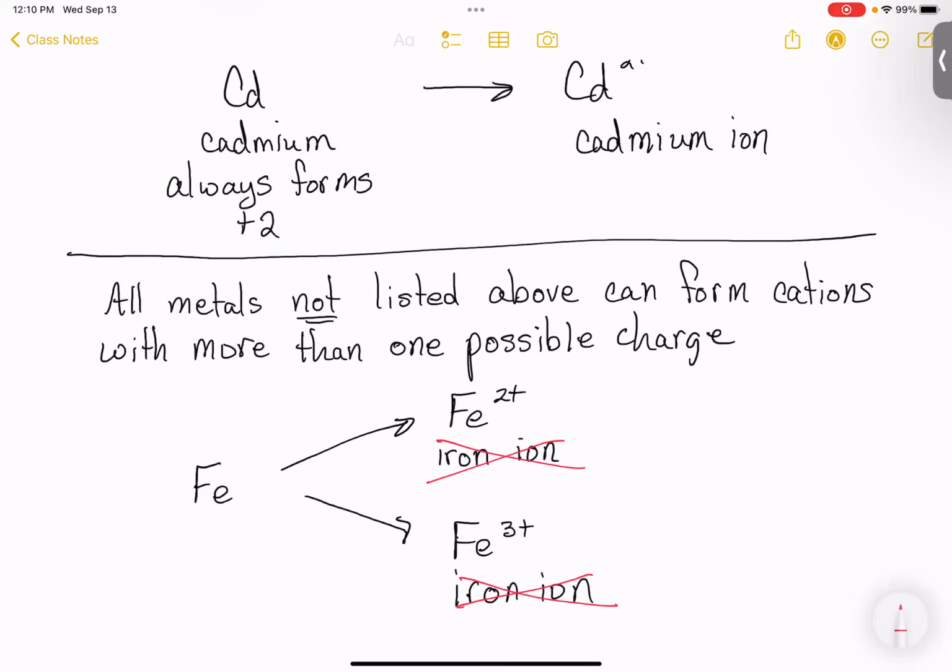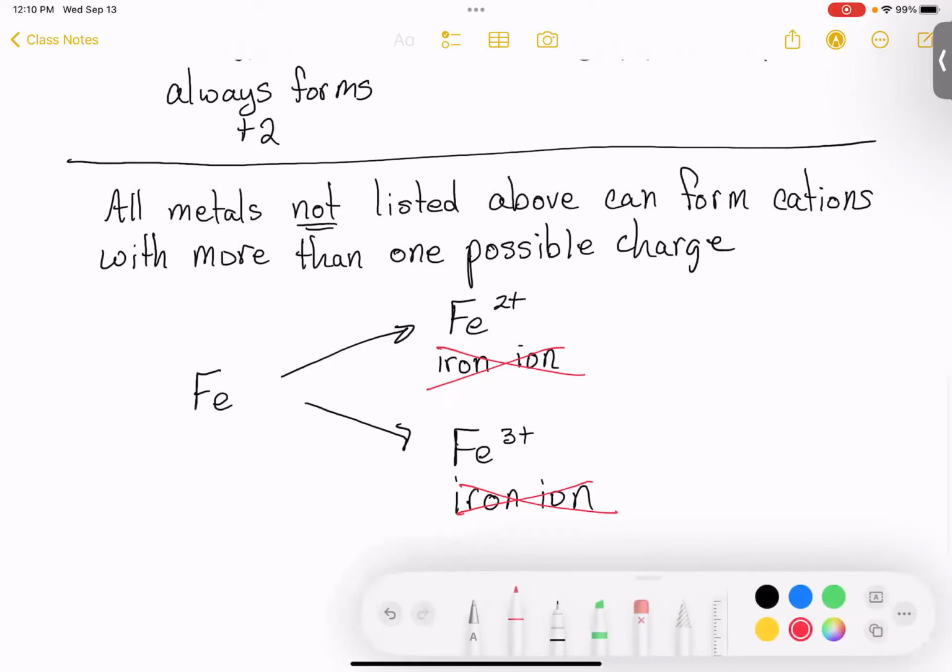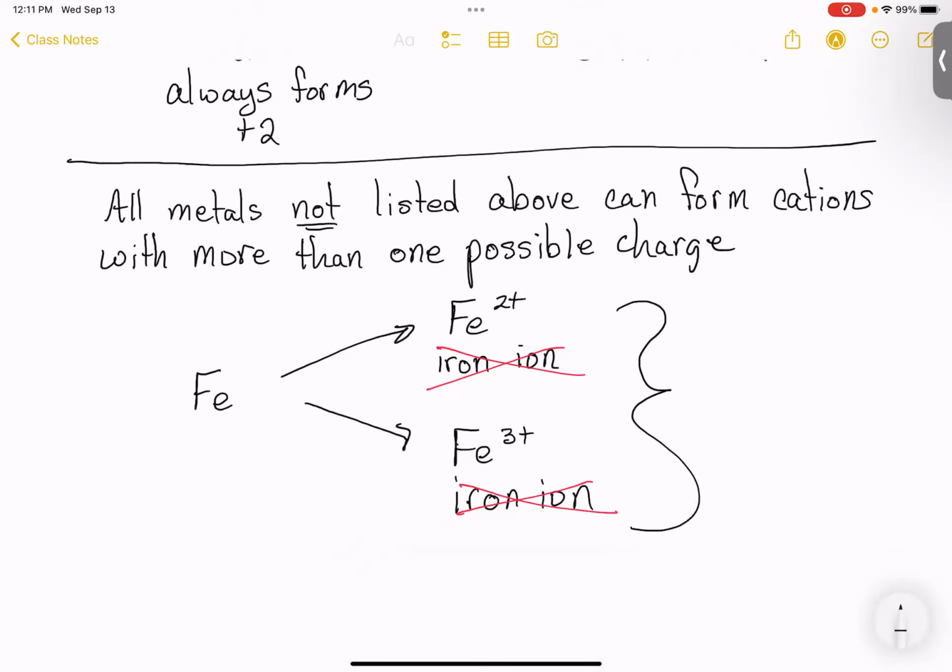That is because no two ions can have the same name. So it's insufficient to simply call it by the metal followed by ion.